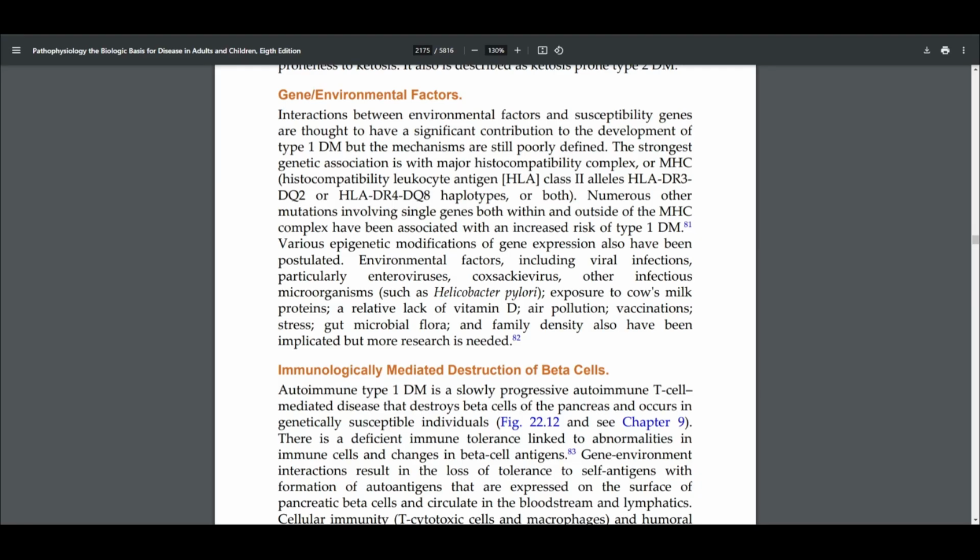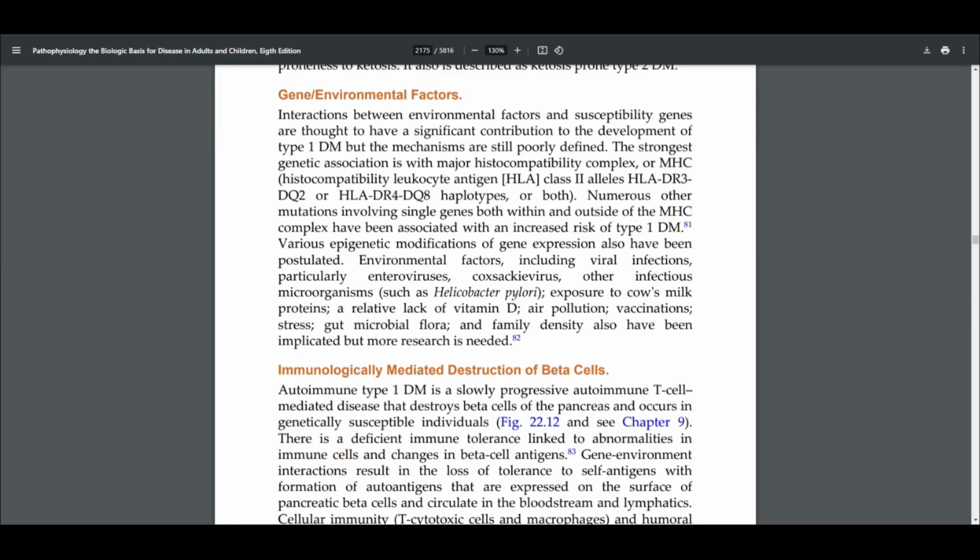Numerous other mutations involving single genes, both within and outside the MHC complex, have been associated with an increased risk of type 1 diabetes. Various epigenetic modifications of gene expression also have been postulated.